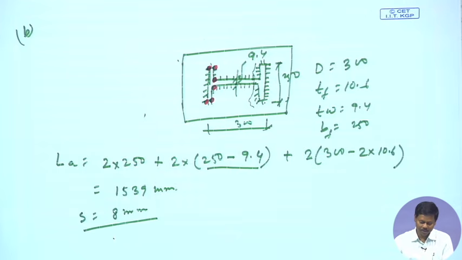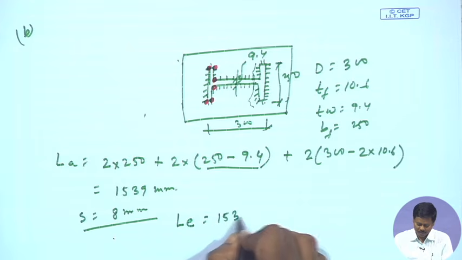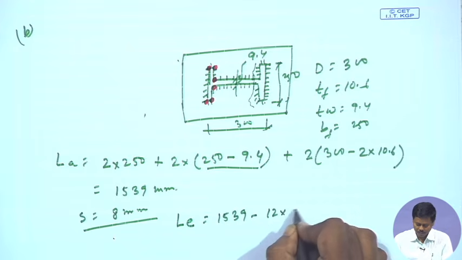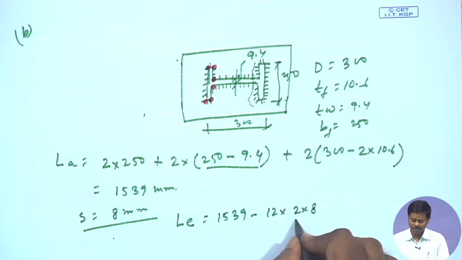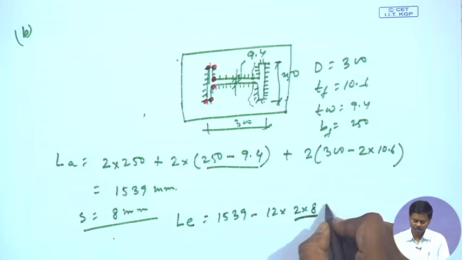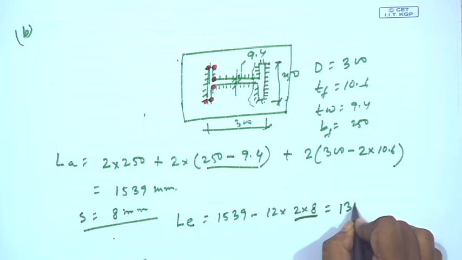So, with total end returns 12, the effective length of the weld L E is 1539 minus 12 into 2 into 8, because end return will be 2 into S. So, the effective length for the weld available is 1347 millimeter.